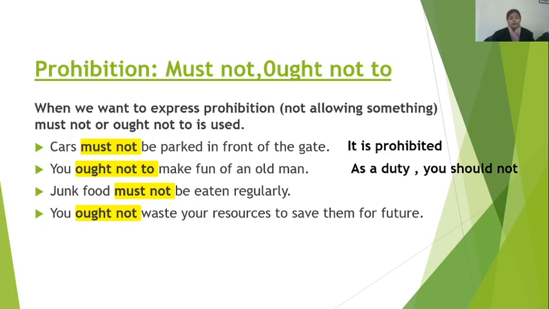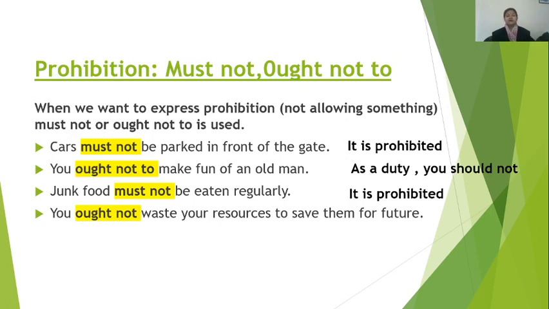Junk food must not be eaten regularly, means here it is prohibited. Yes, but in some circumstances, once or twice then can be eaten. So this kind of liberty is given in the case of must.